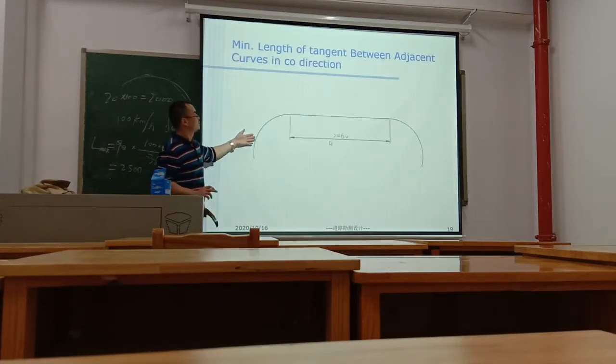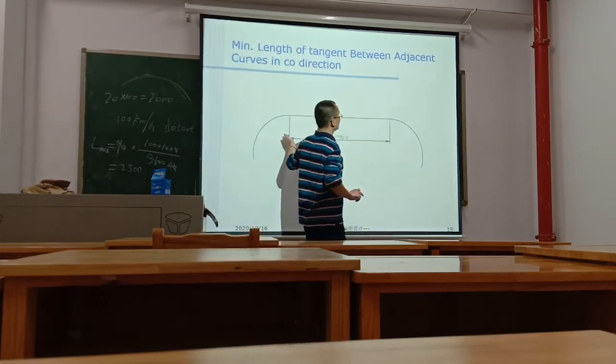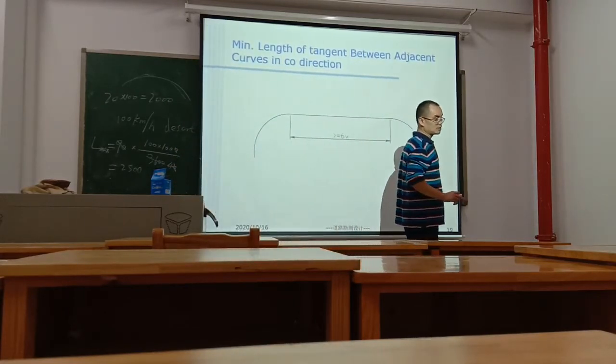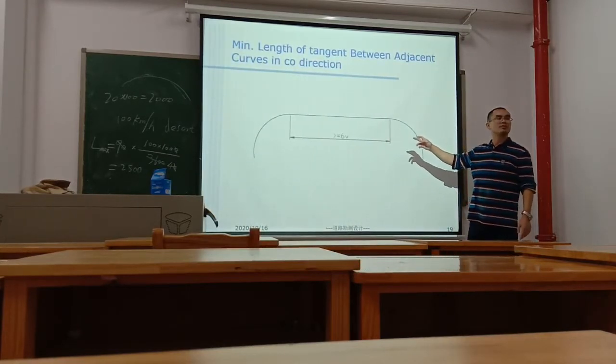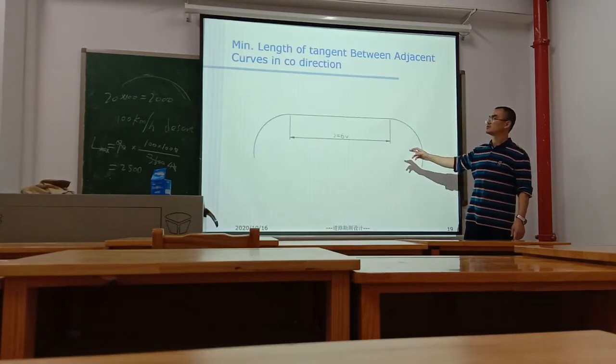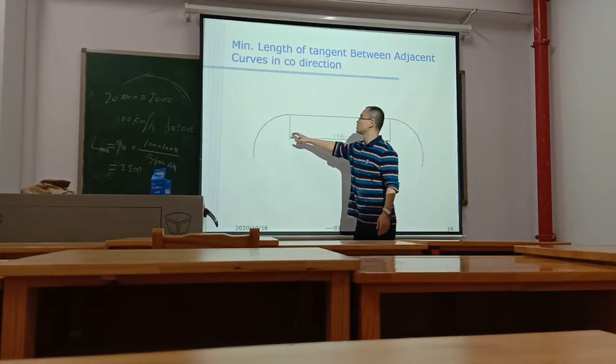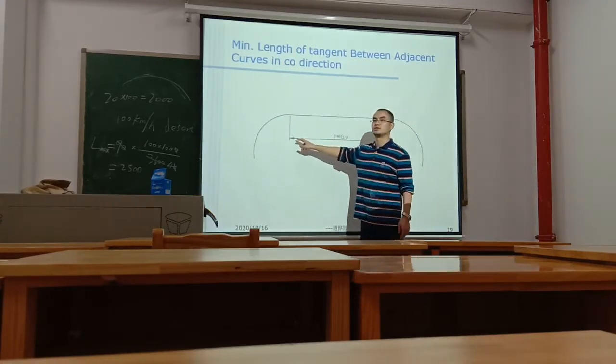As you see, one circular curve and the other circular curve are in the same direction. This is the straight line or tangent.